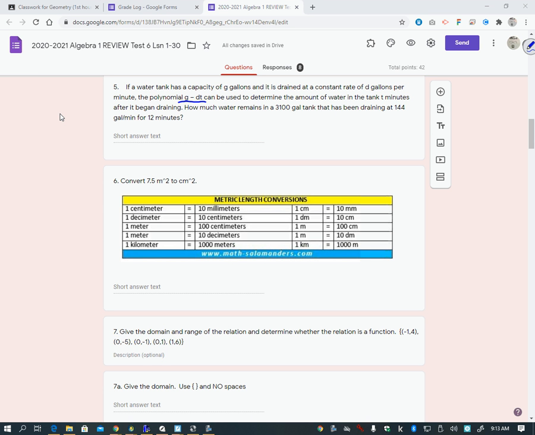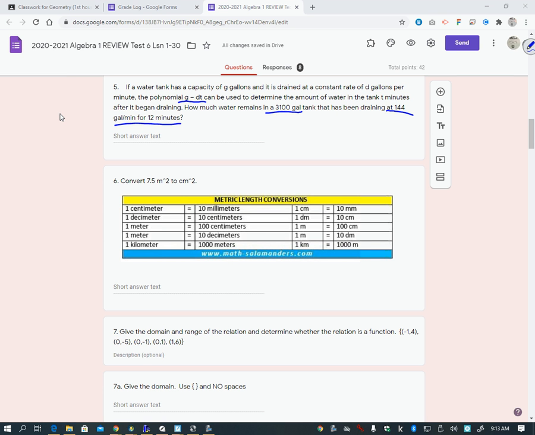T minutes after it begins draining, how much water remains in a 3,100 gallon tank that has been draining for 144 gallons per minute for 12 minutes. All I have to do is take those numbers and substitute them in for the right variables, right? All the work has been done. All I have to do is substitute. Okay?